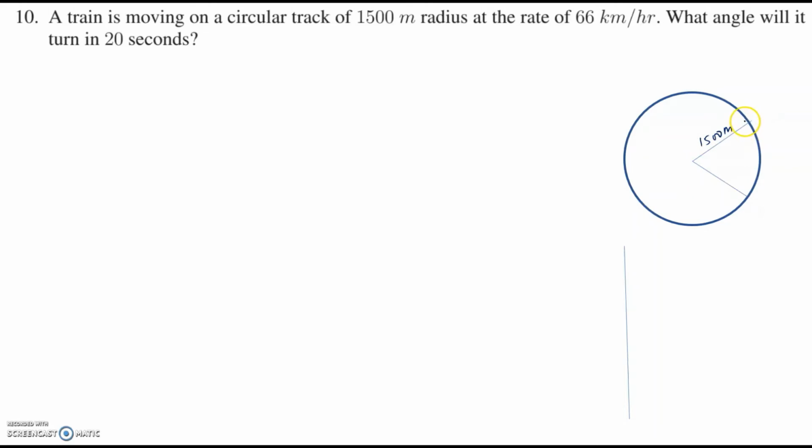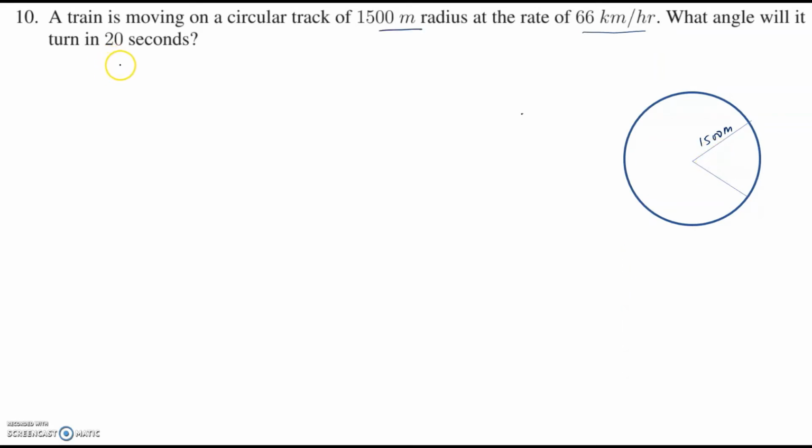And the speed at which the train is moving is 66 kilometers per hour around this path. What angle will it turn in 20 seconds? So if we consider just 20 seconds, how much of distance will it cover and what angle will that make is what we need to find.